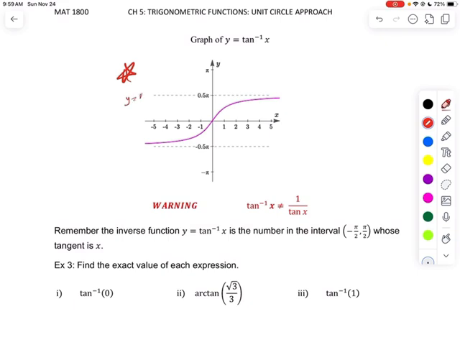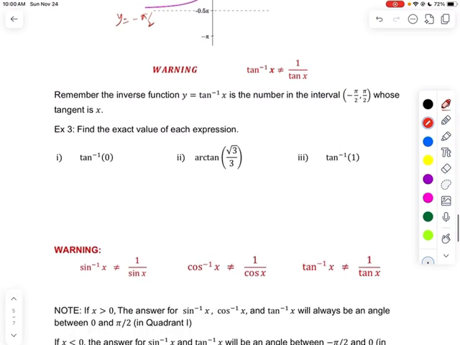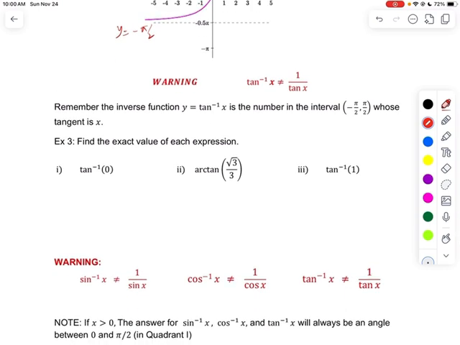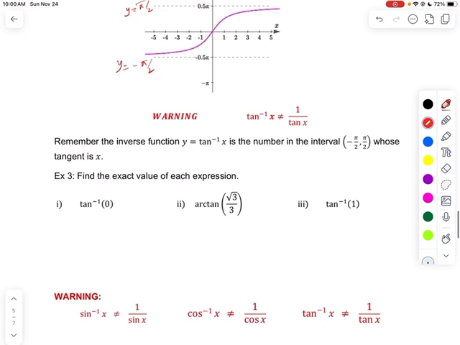Now I'm not using brackets but parentheses, and the range is, in this case, negative infinity to infinity. So for the inverse tangent function, the domain is negative infinity to infinity, and the range is negative pi over 2 to pi over 2, with pi over 2 and negative pi over 2 not included.